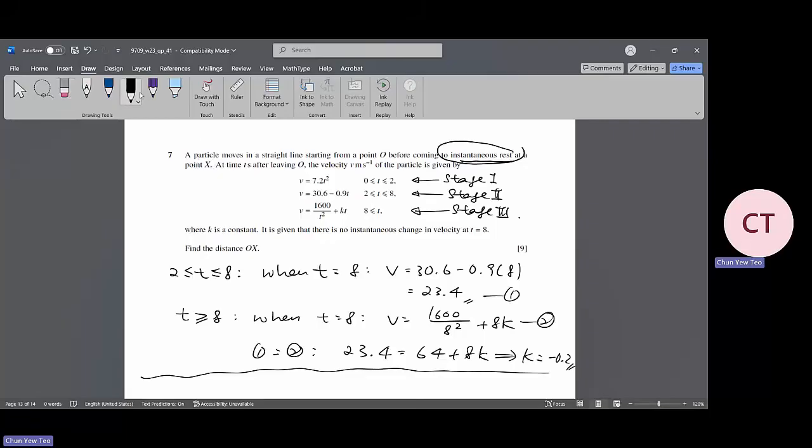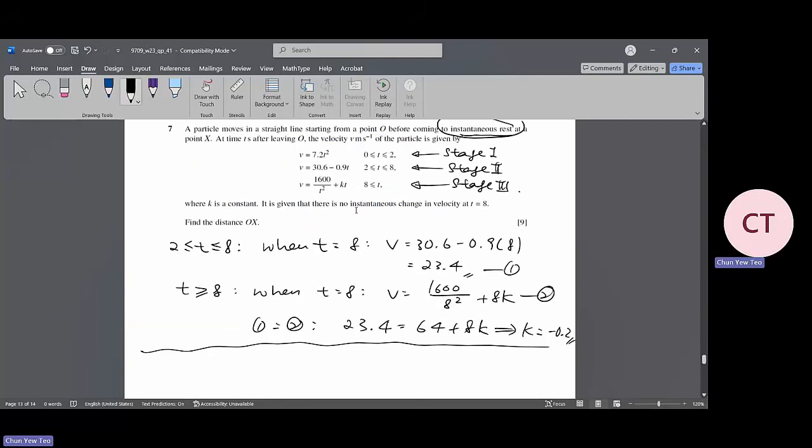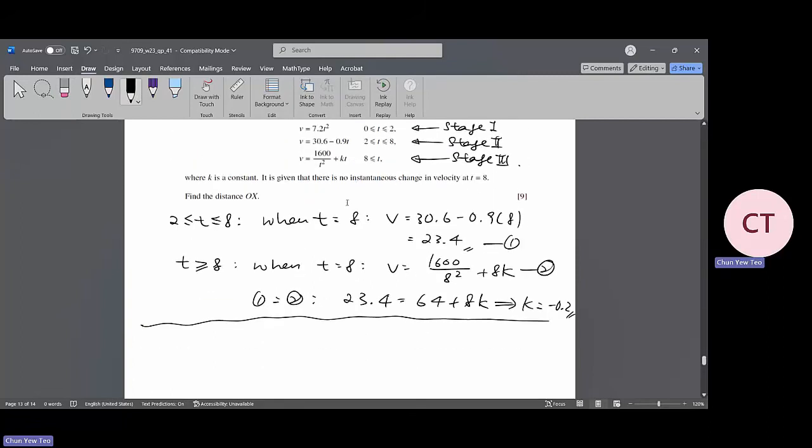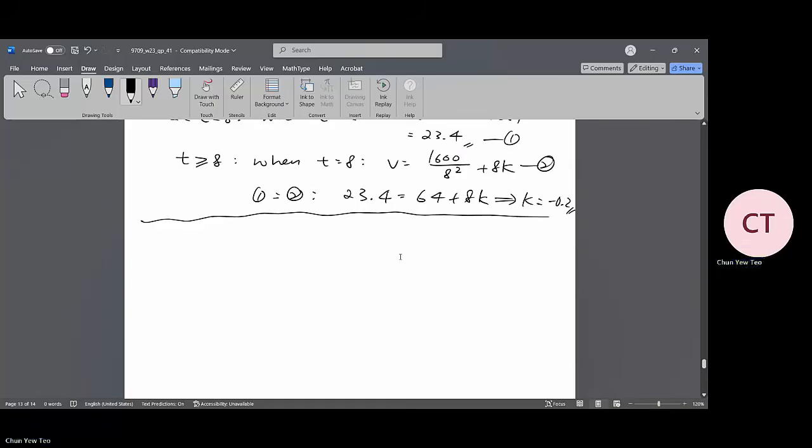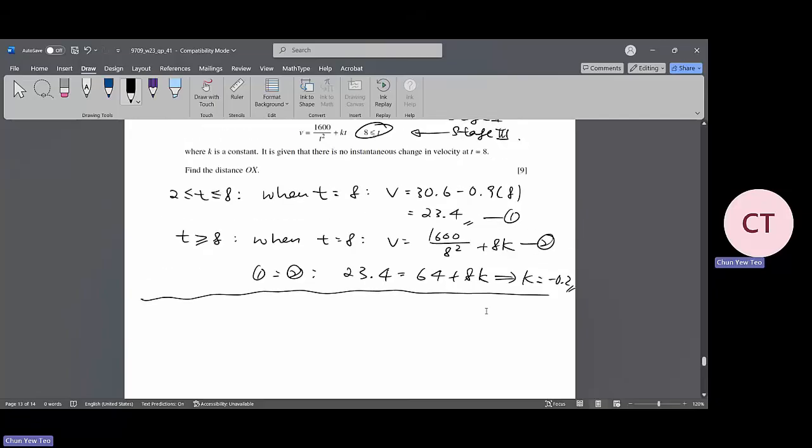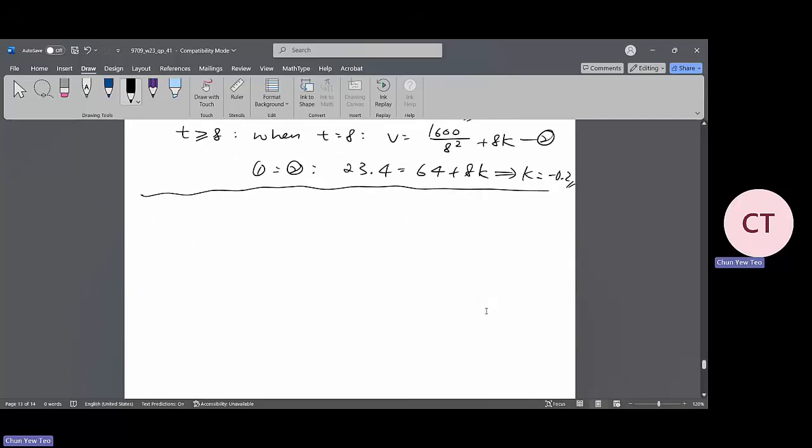But the question didn't require you to check at which stage it will become instantaneous rest. So we directly assume that it will be at instantaneous rest at the third stage. So we want to find the total distance, which means we want to find the integrations. We use integration. I take stage 1.